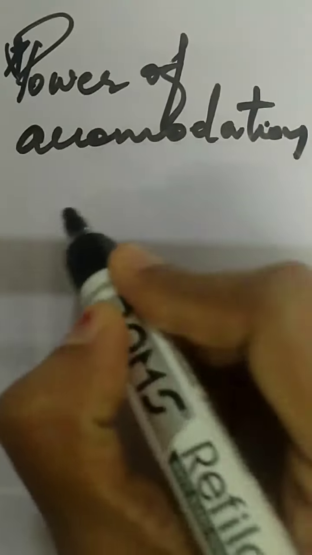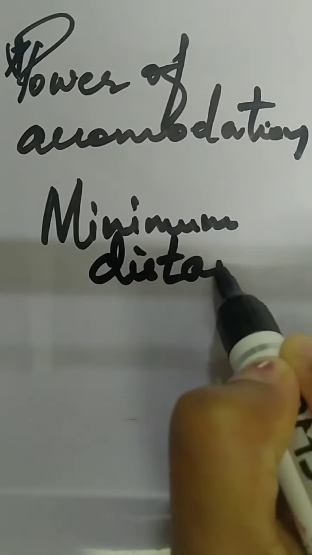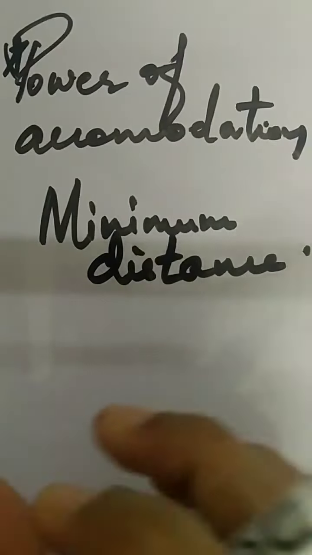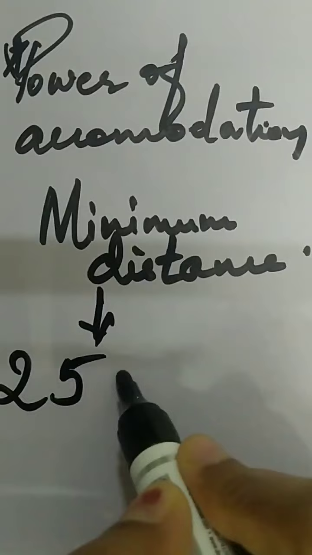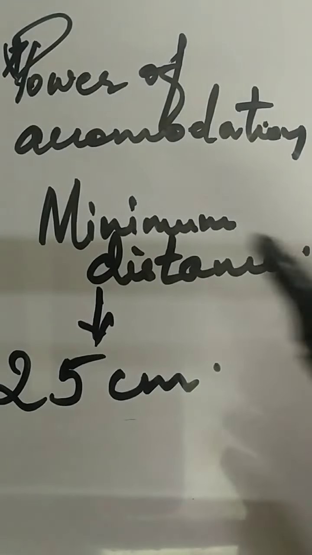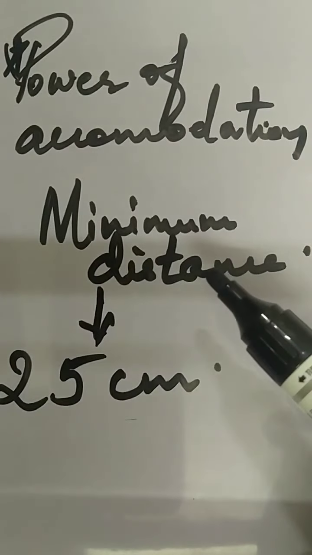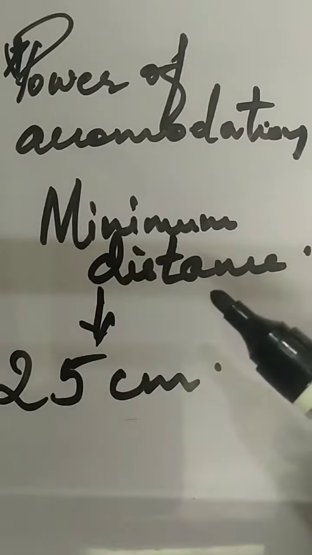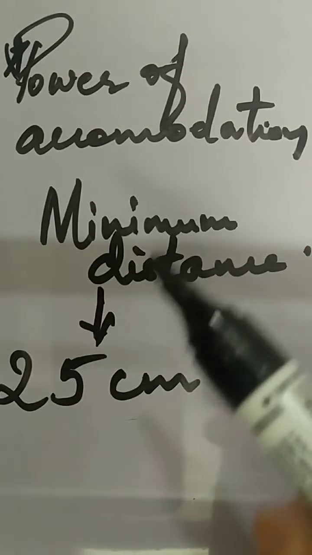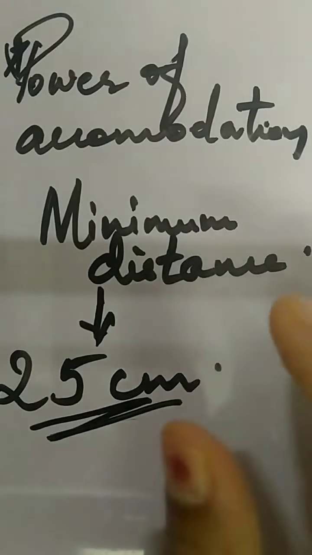So let us see what is the minimum distance. What is the minimum distance where you get a distinct image? कितनी दूरी पर अच्छा एक image form होता है? And that distance is 25 centimeter. Okay, so the minimum distance of an object for a normal eye from where the object is clearly visible without straining our human eye is called the minimum distance of distinct vision, and that distance is 25 centimeter.